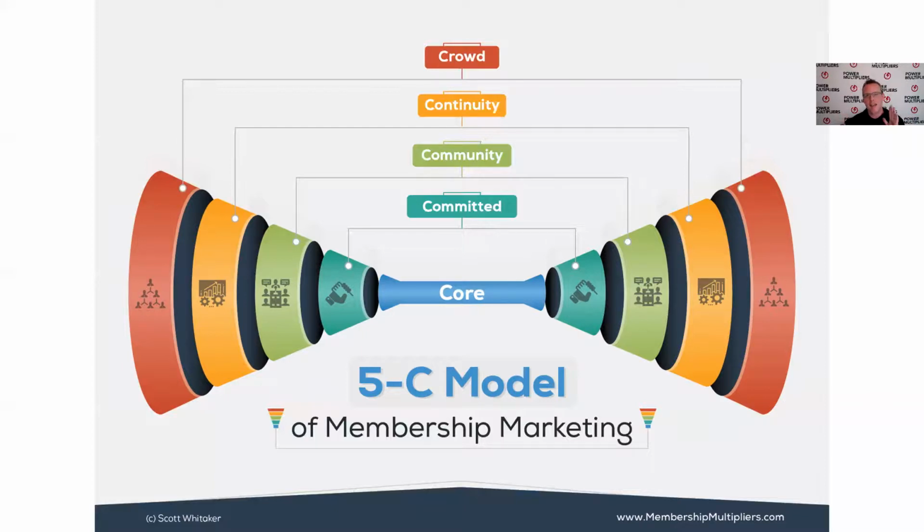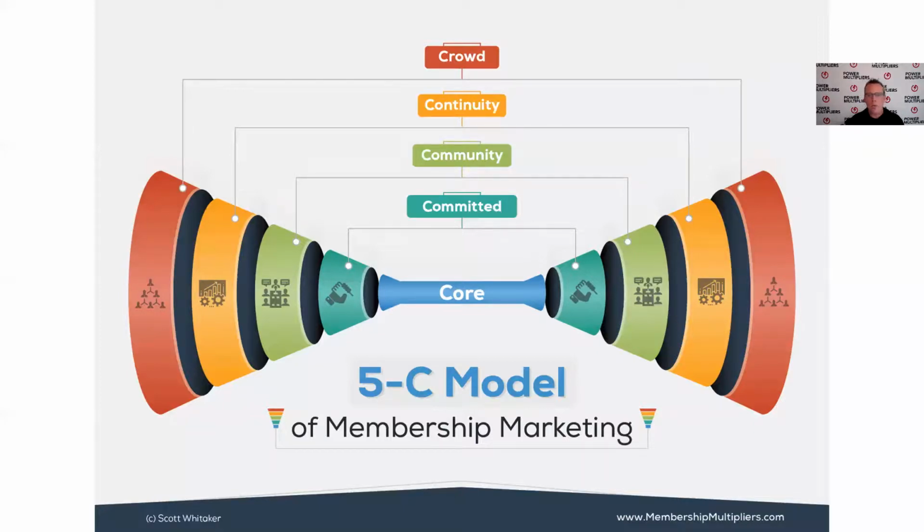The next and final C, the 5th C of the 5 C's, we've got crowd, continuity, community, committed, and the 5th C is the core. If I was to ask you, who are your core members? You would be able to tell me who those core members are. Now, think about what caused them to be in the core of your membership.